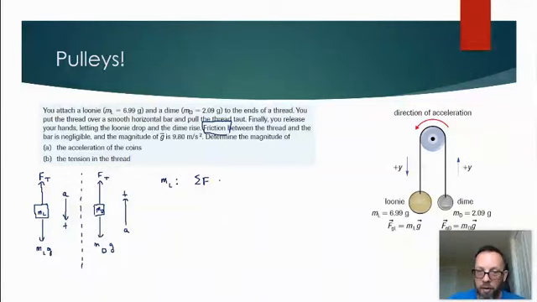I might just put sum of forces. But I think maybe for consistency, like our last example, I'll put sum of forces Y equals the mass of the loonie times A. So A is just the magnitude of the system acceleration.